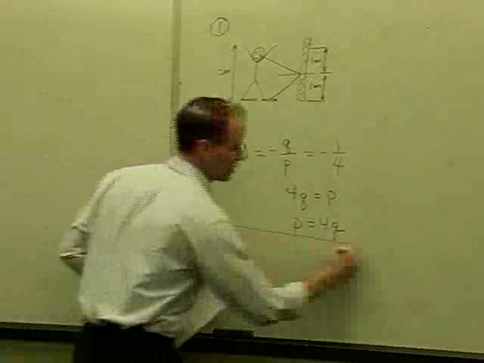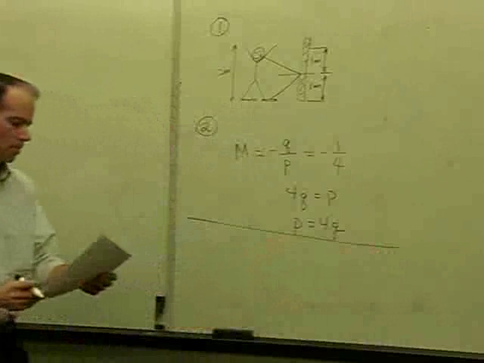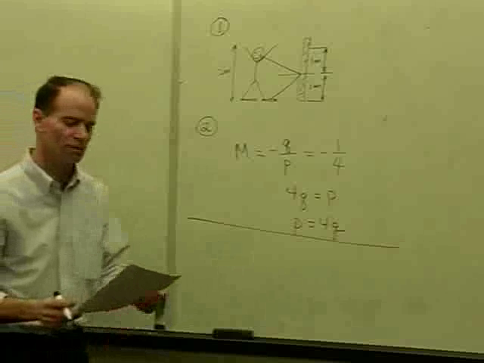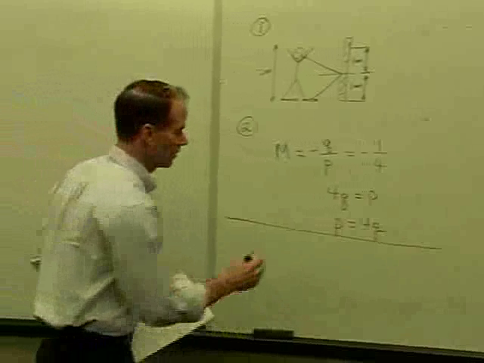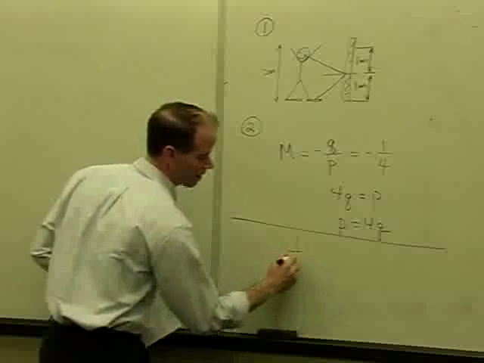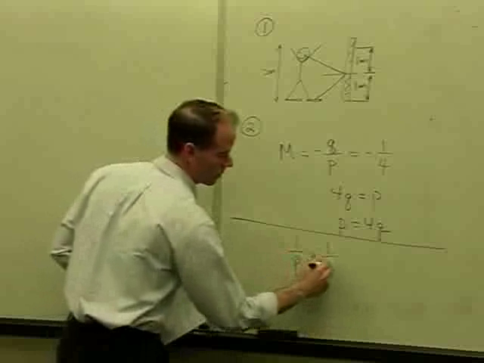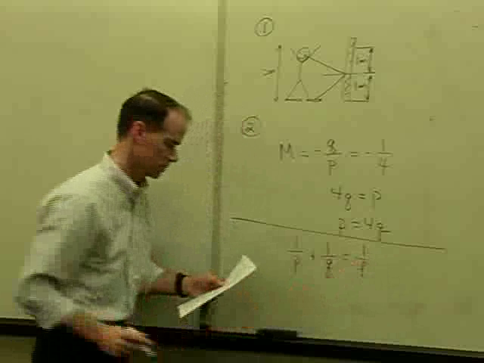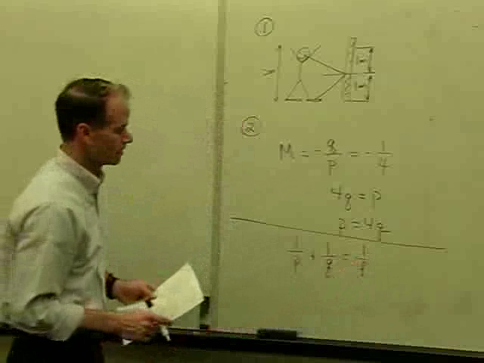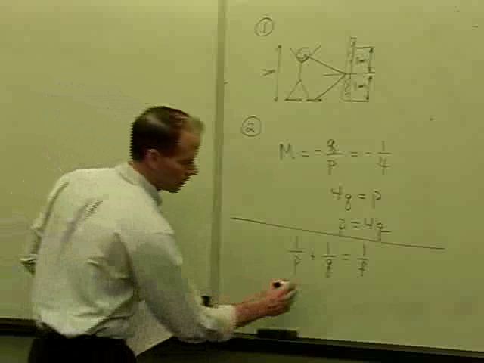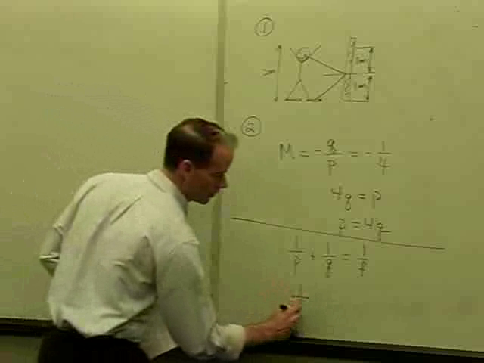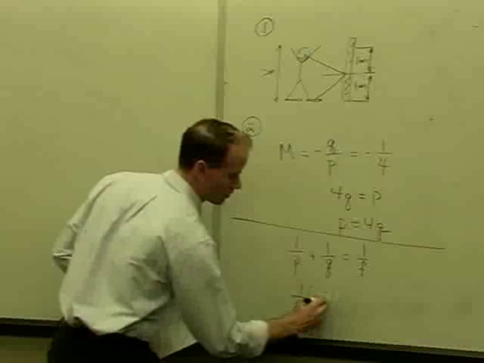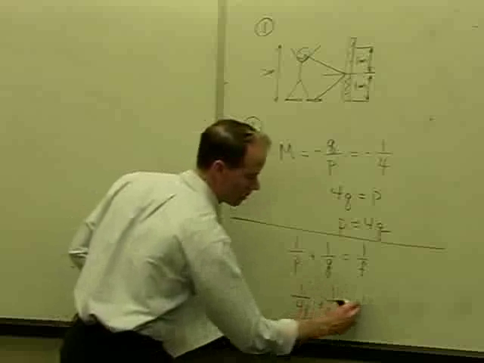So far so good. Now we have a concave mirror, so we're going to apply the mirror equation, which means 1 over the object distance plus 1 over the image distance equals 1 over the focal length. And since p is equal to 4q, we can say that 1 over 4q plus 1 over q is 1 over the focal length.